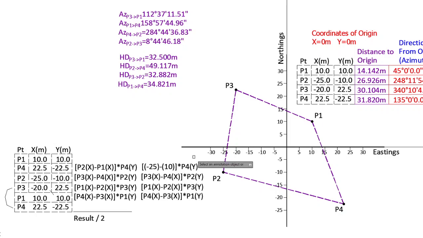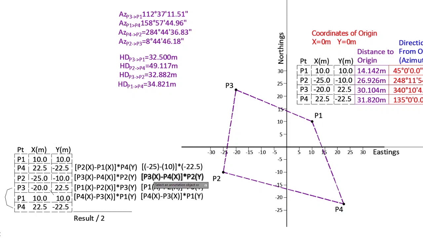So then I'm going to place the value for the y coordinate for P4, which is minus 22.5. And I'm also going to put this bracket here just to make sure that we don't forget about the signs of the magnitudes that we are placing here.